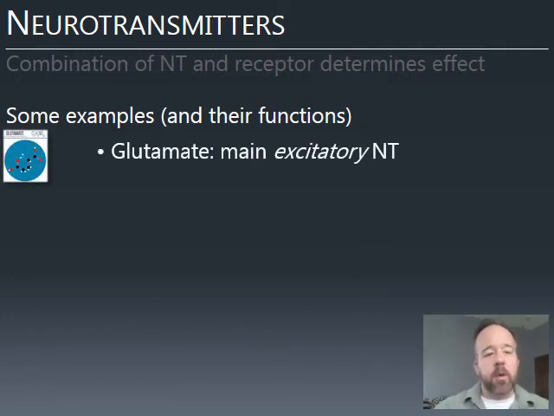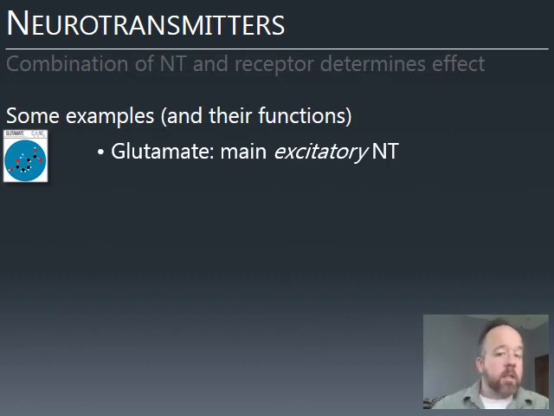So, for example, the neurotransmitter glutamate is the most common neurotransmitter in the entire brain, and it is the main excitatory neurotransmitter. What does that mean? Well, we've already gone over excitation and inhibition. Excitation is when the postsynaptic neuron becomes more likely to fire when it receives one of these neurotransmitters.